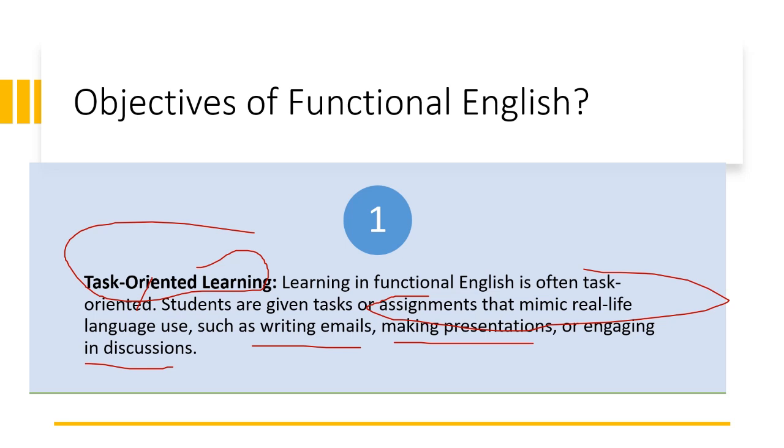So the students are taught functional English not through cramming or memorizing, but they are assigned tasks or assignments where they have to perform, they have to expose themselves to a real situation and respond to that situation. For example, they may be asked to write an email to their seniors, to their subordinates, they may be asked to get information through email, they may be asked to make presentations, or they may be asked to discuss some topics or express their feelings.